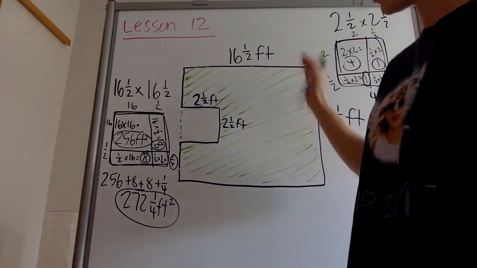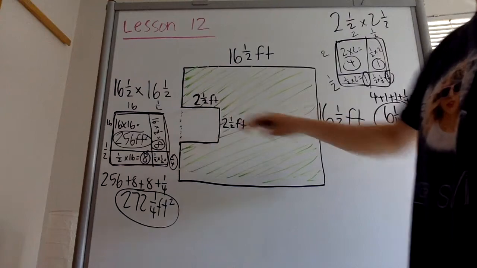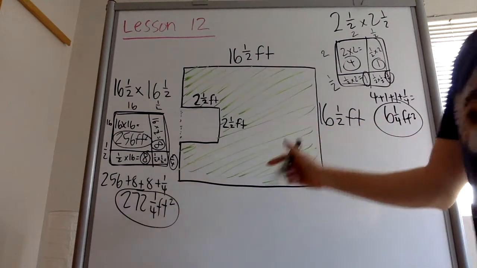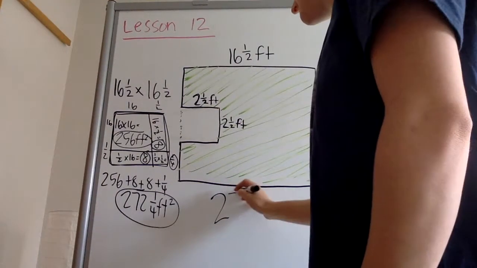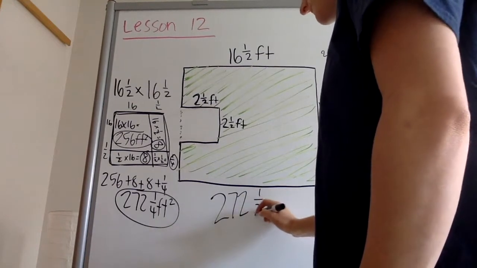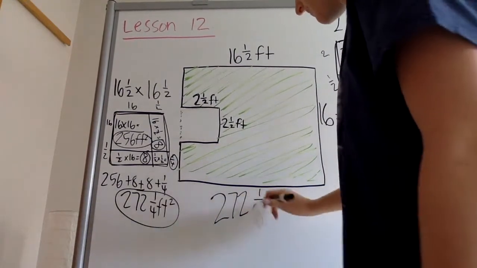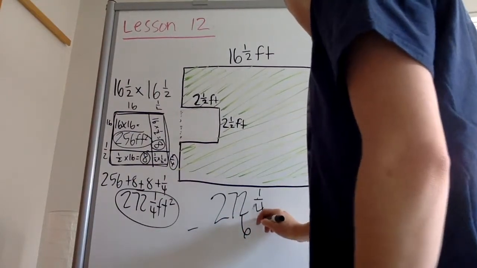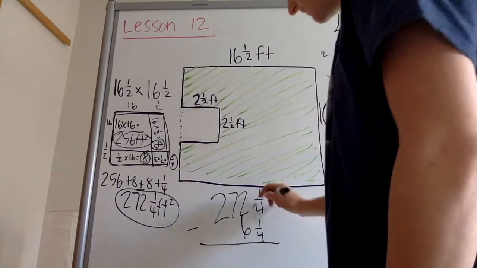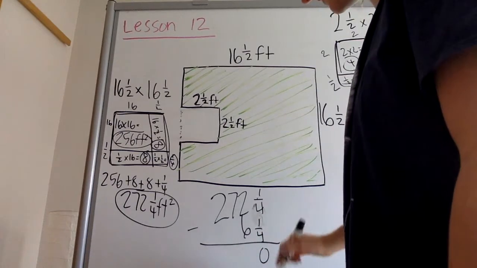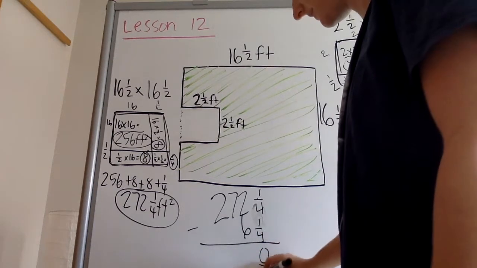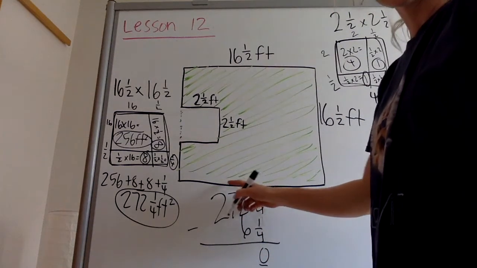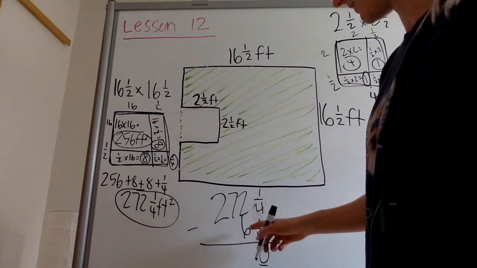I'm just going to do the whole yard minus the concrete, and then I'll be able to figure out the grass. So 272 and 1/4, oops, not 1/2, 1/4 minus 6 and 1/4. 1/4 minus 1/4 is obviously 0/4, so I can leave it out there. 272, take away 6.